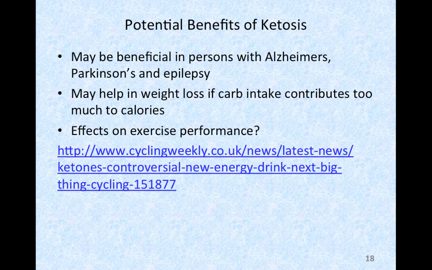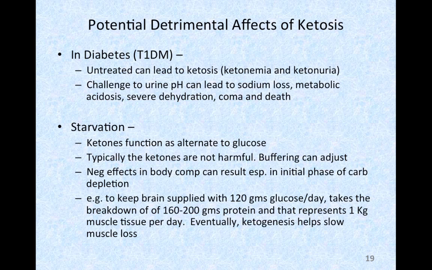Okay, so those are some potential benefits of being on ketogenic diets. What are some potential detrimental effects of ketosis? Well, for example, in type 1 diabetes mellitus, untreated diabetes conditions, in other words, if insulin is not being used consistently or effectively, it can lead to ketosis, and that means ketones in both the blood and the urine at high levels.